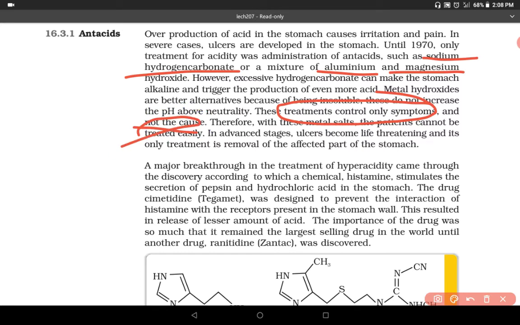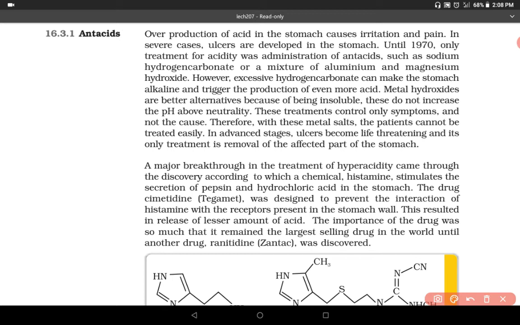But we are science students, so we think about treatments that control only symptoms and do not cause other diseases. Therefore, with these metal salts, the patient cannot be treated easily.